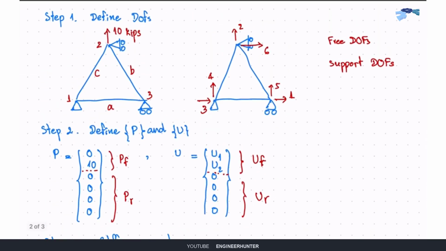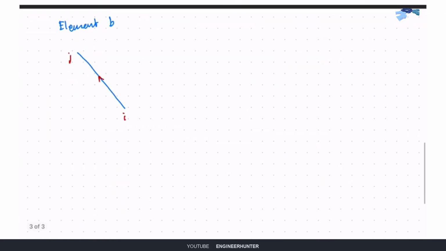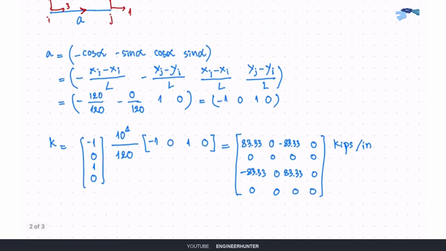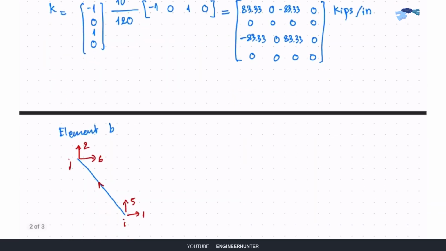So it will be 1, 5 and 6, 2. And you can use the information and find the transformation vector, and then you can find the local stiffness of this element.